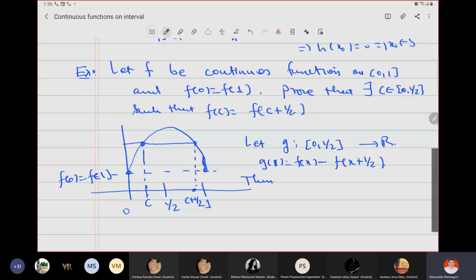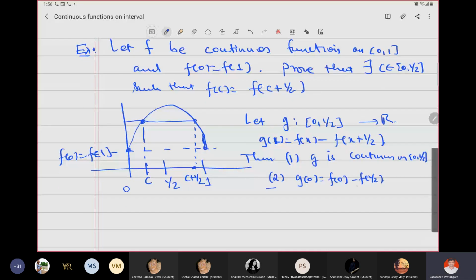Now what is g of 0? It is f of half minus f of 0.